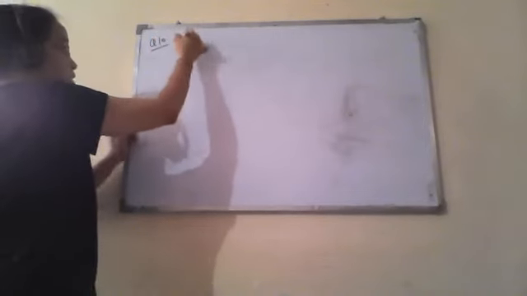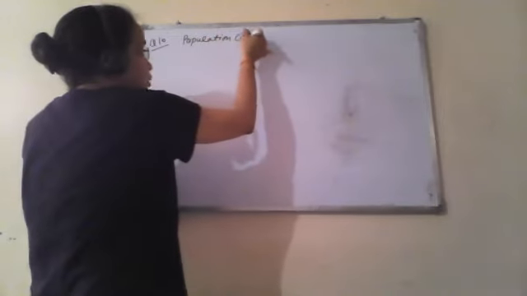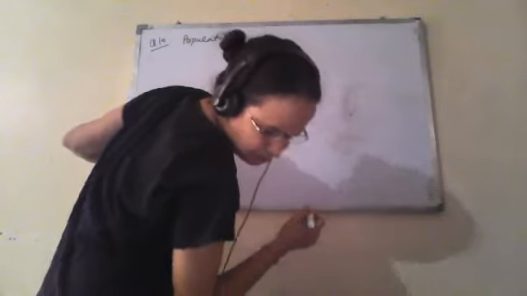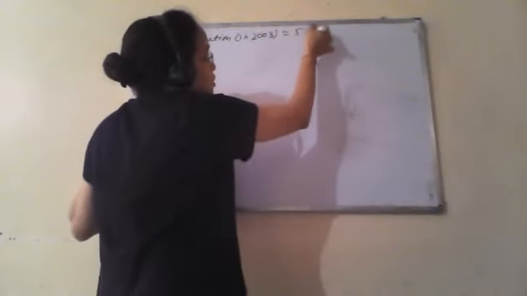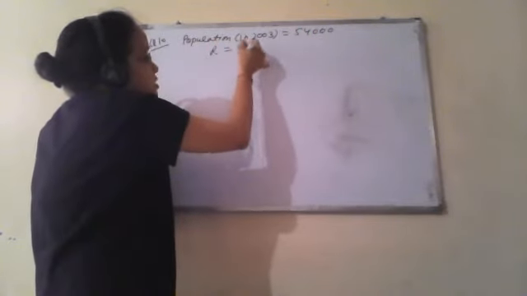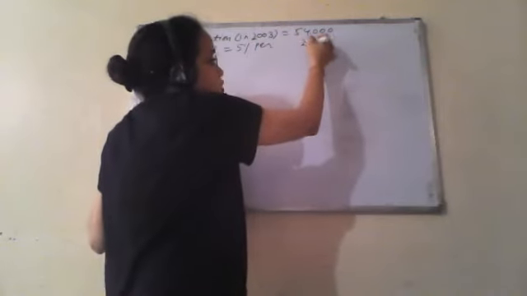So in this case, what is given? Population in 2003, they have given 54,000. Rate of increase was 5% per annum and we have been asked for 2001.